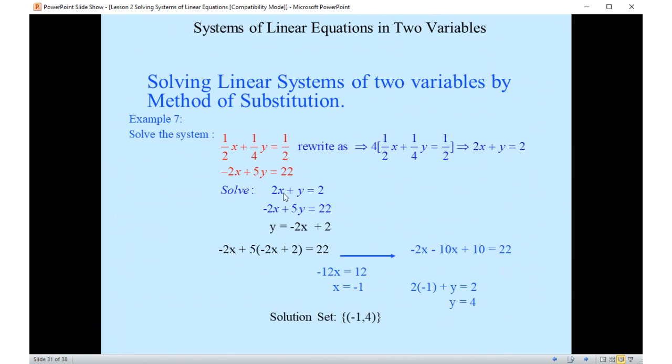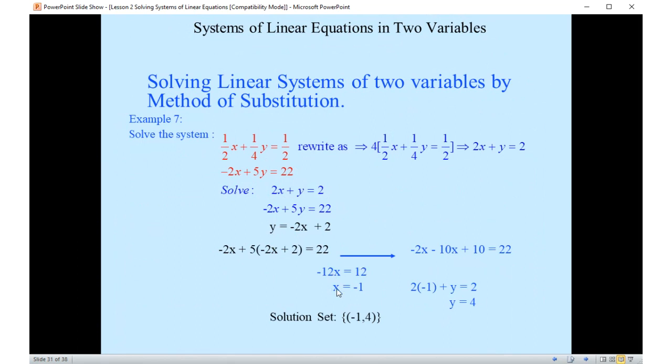Then we have the other equation. So the first equation, we're going to solve for y, and then we're going to plug -2x plus 2 in for y. You get this resulting equation, -2x minus 10x plus 10.